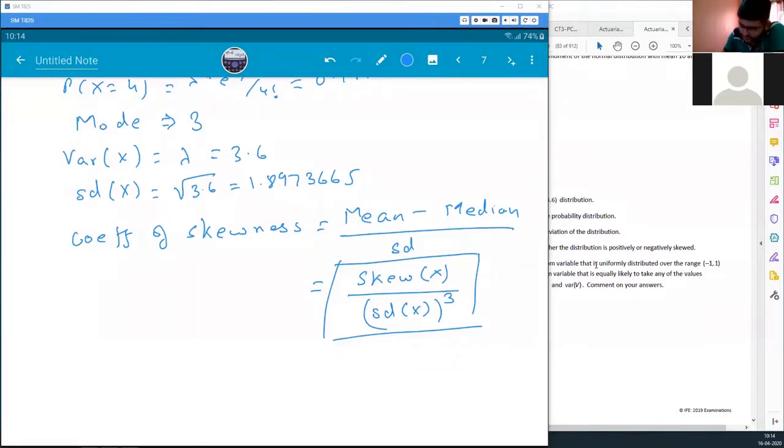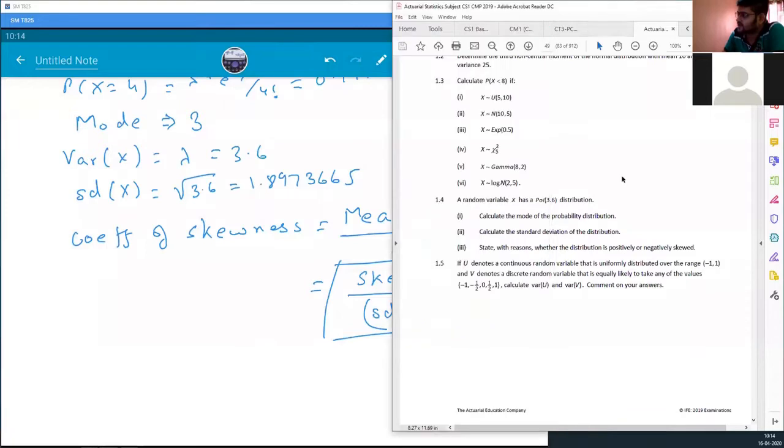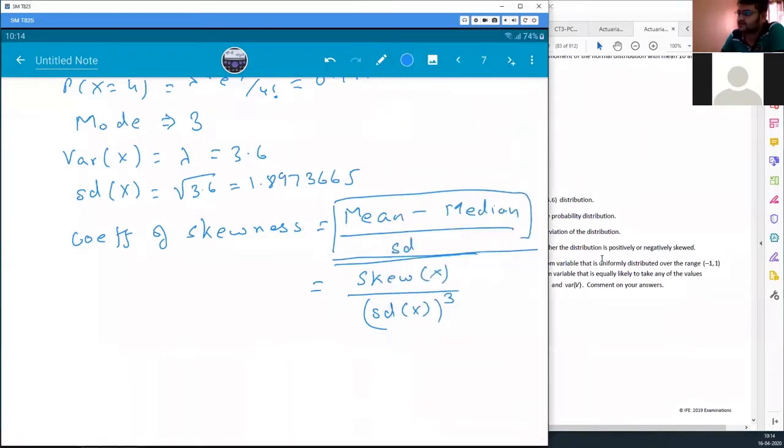Now let's look at this coefficient of skewness formula, mean minus median upon standard deviation. Standard deviation will always be positive.